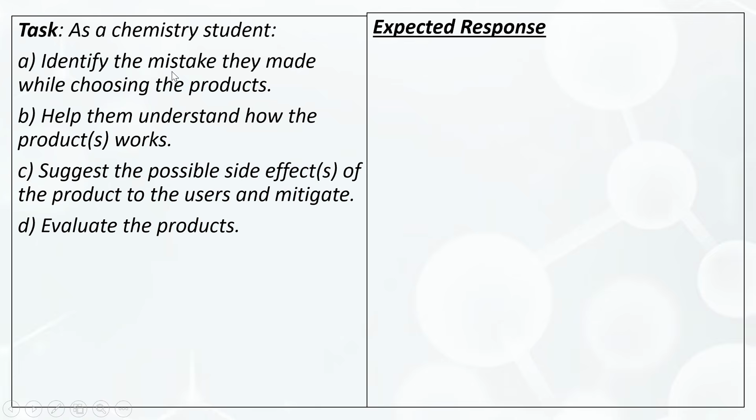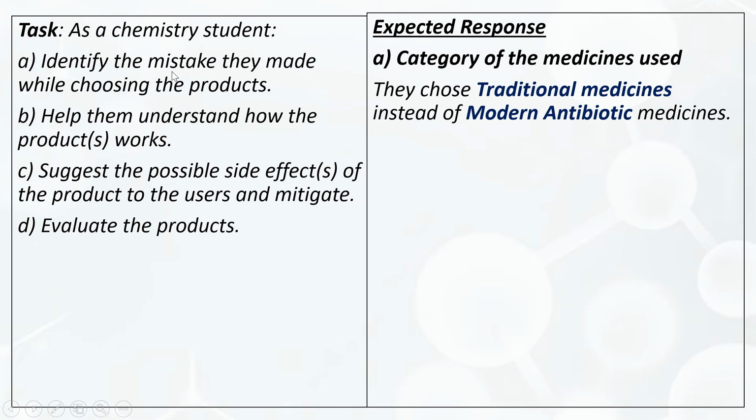So our expected response on part A, the category of medicine used, that's what they want on part A. We can say that they chose traditional medicines instead of the modern antibiotic medicines.